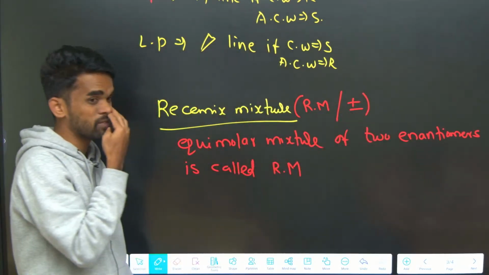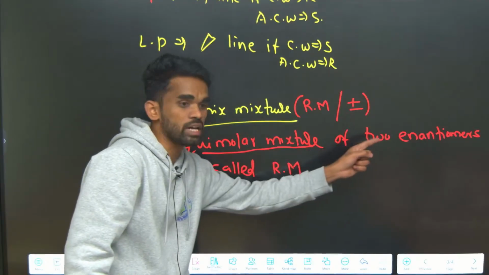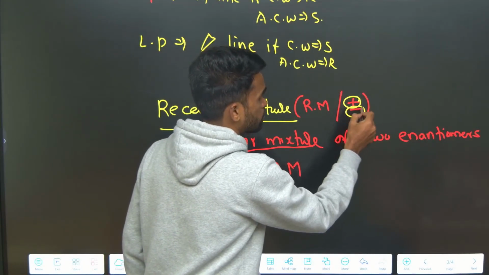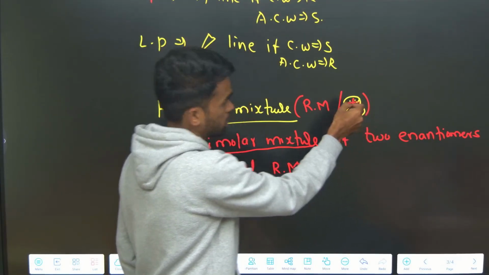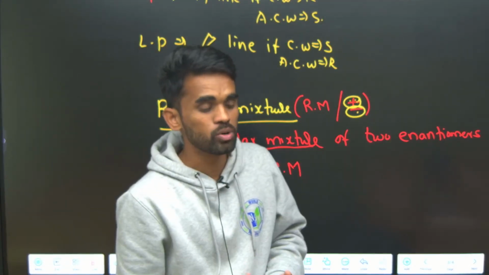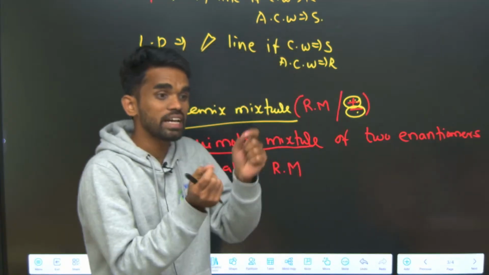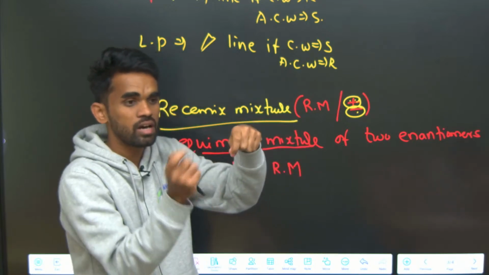Why plus and minus? Just now I told you, an equimolar mixture of two enantiomers. If one enantiomer is in the plus direction, the other will be minus. Having equal amounts, that's why it is represented like this. Now when I explained meso compounds, I told you that they are optically inactive due to internal compensation. Within the molecule there will be one S direction and one R direction.